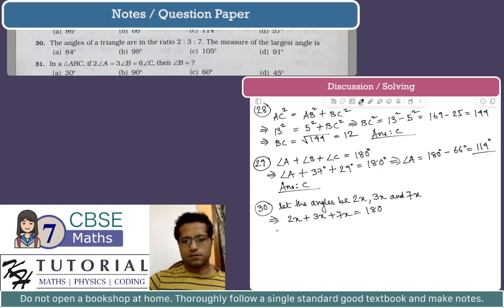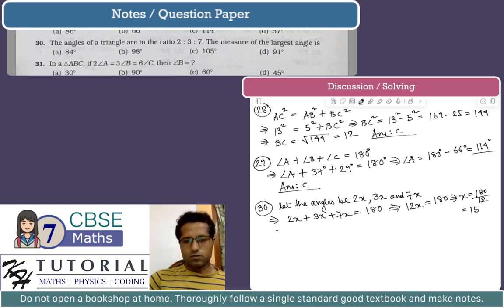So this implies 2x plus 3x plus 7x is 12x. 12x is equal to 180. This implies x is equal to 180 divided by 12, which is equal to 15.